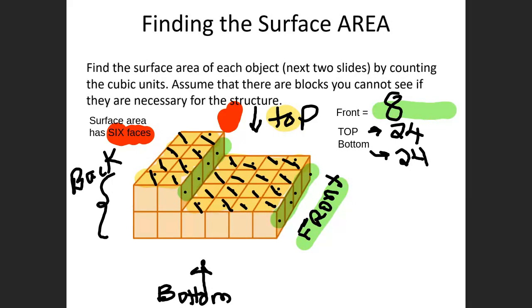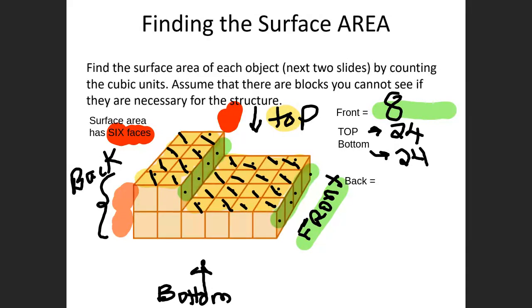Now, let's look in the back. Okay. Now, the back you normally cannot see, but you have to kind of isolate in your mind that the back is going to have 2 layers. It has this layer and this layer.